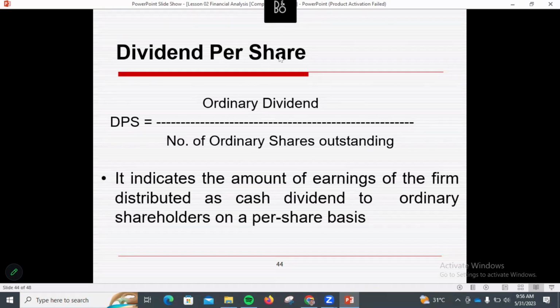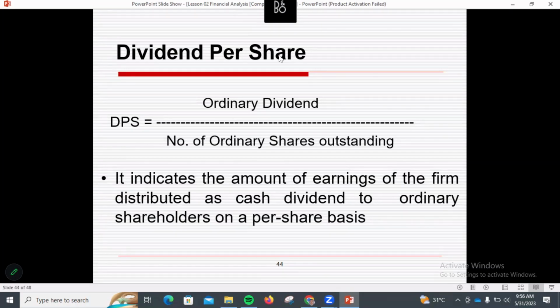Sometimes the firm has the policy of declaring a dividend and then later paying the actual amount. Usually nowadays, the dividend declared cannot be stated in the financial statements.